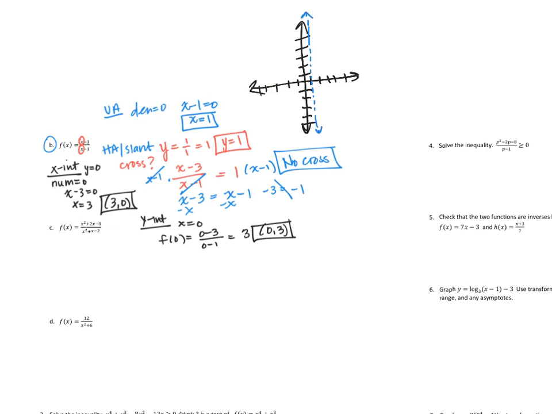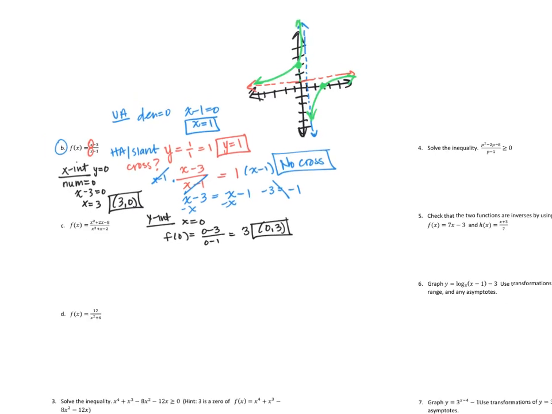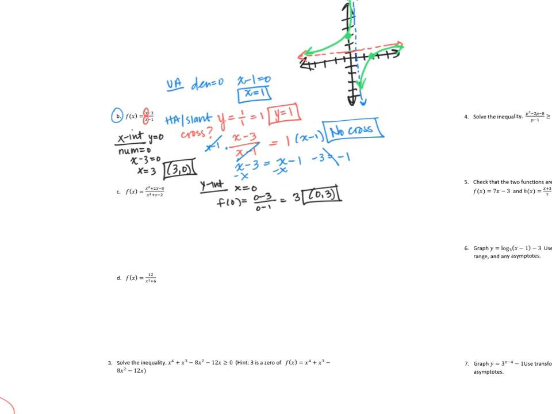We have y equals 1 as our horizontal asymptote, and we're not crossing that. We have an x-intercept at (3, 0), and a y-intercept at (0, 3). So that would be here. Since we don't cross our horizontal, we don't cross our vertical, and following our behavior for our asymptotes, it looks like our graph will have these 2 branches on them. And we've graphed a rational function.